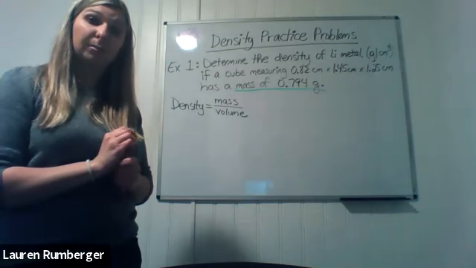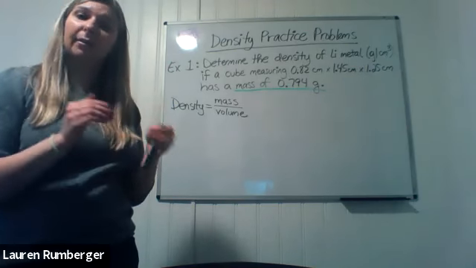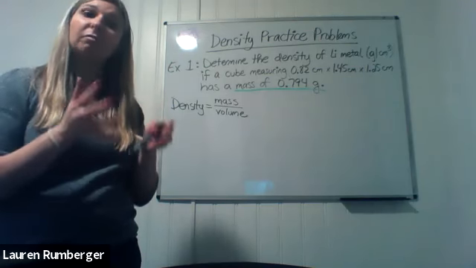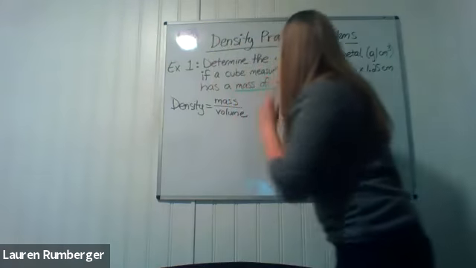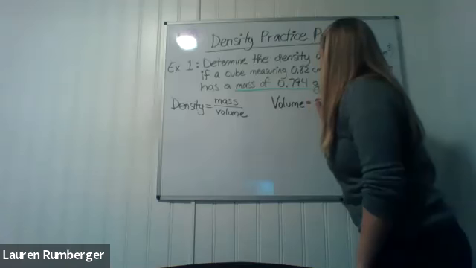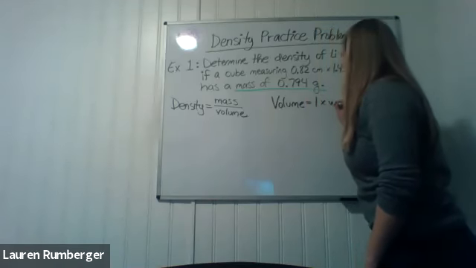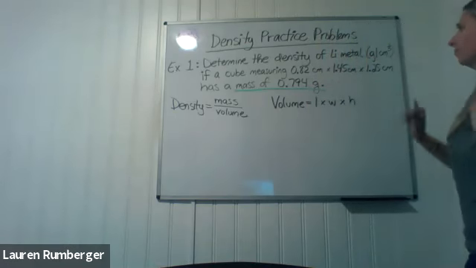The dimensions tell you length times width times height. Length, width, and height gives you volume. Okay, so volume is equal to length times width times height. So those dimensions are given.